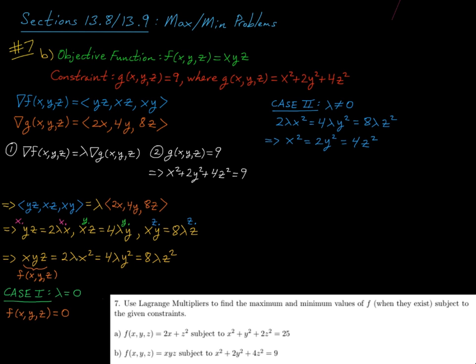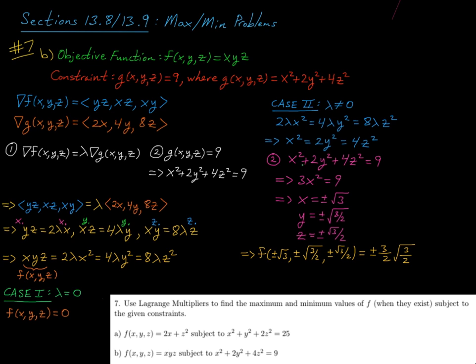Okay, so then let's now consider the case when lambda is not 0. So I'm going to look at these three expressions. I know they're equal. I can go ahead and divide through by 2 lambda. And since lambda is not 0 here, that's an okay move to make. So I get that x squared is equal to 2y squared is equal to 4z squared. Now let's go to the constraint equation.